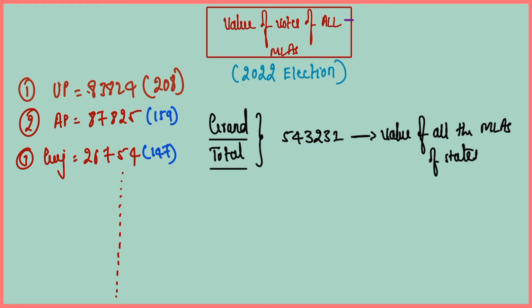This is the value of all the MLAs of all the states, including the UTs of Delhi and Puducherry. So, in the 2022 election of the President of India, what was the total value of all the MLAs of all the states? 5,43,231. Now let us understand how the value of the vote of each MP and all the MPs is calculated.